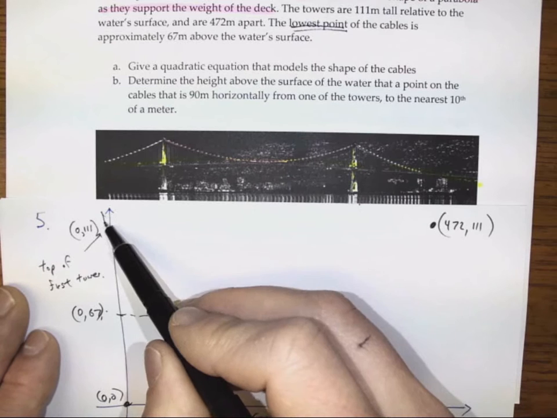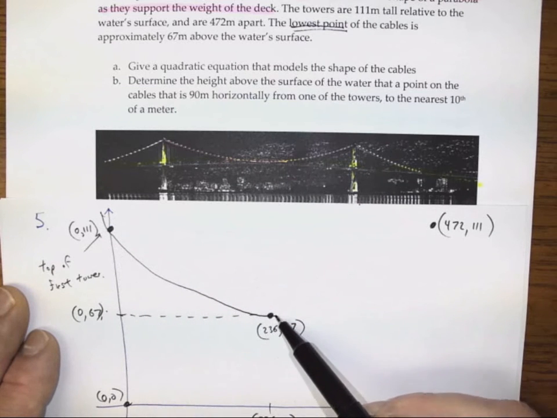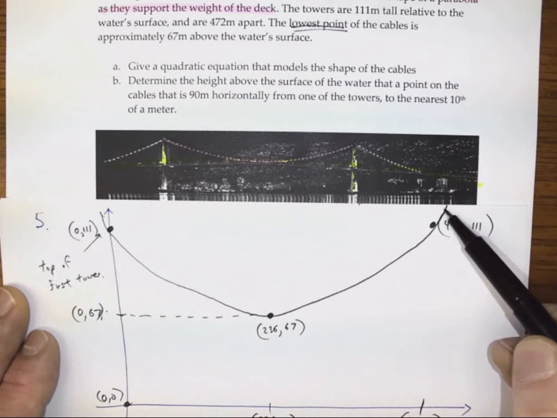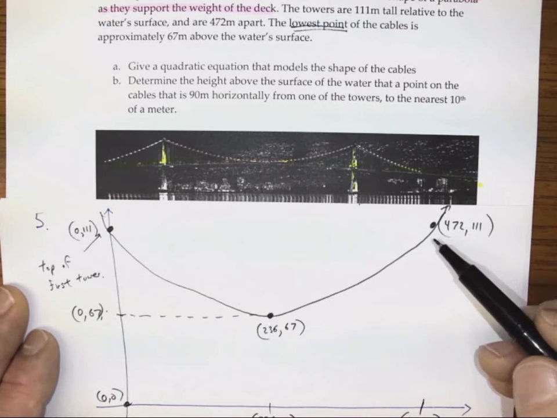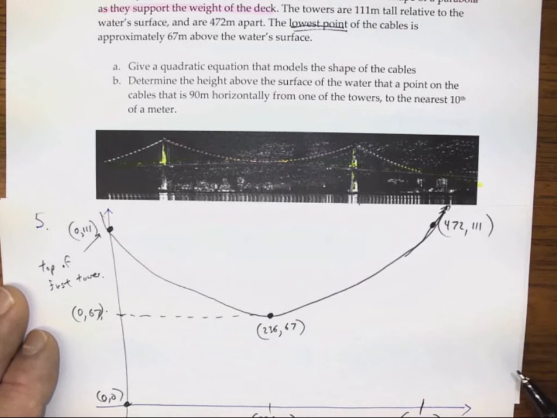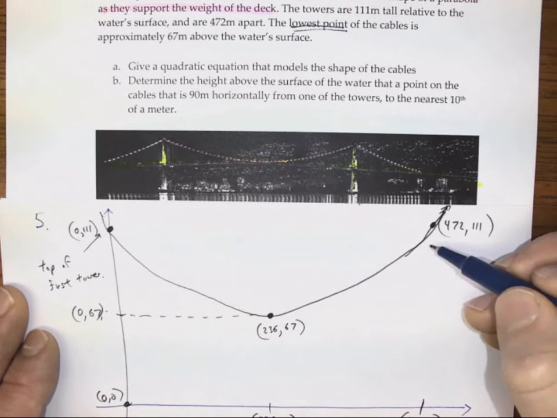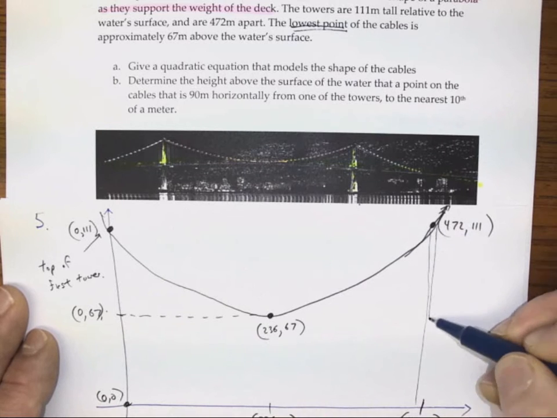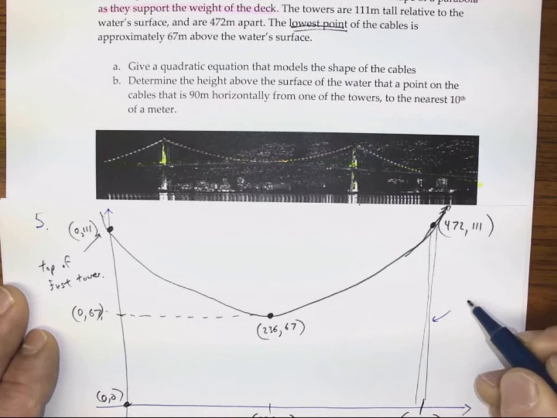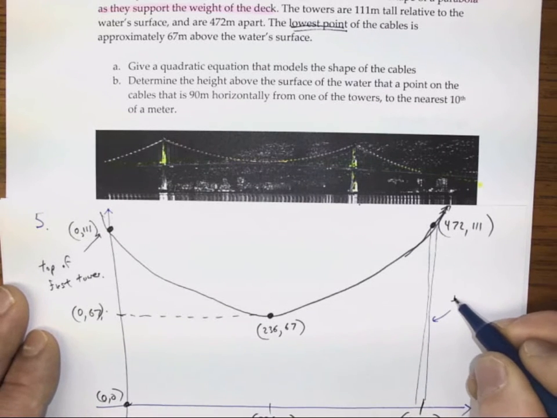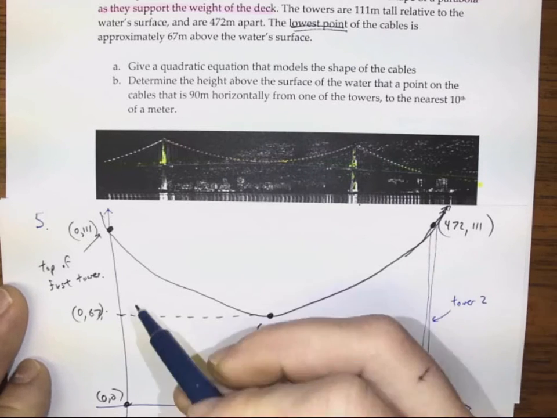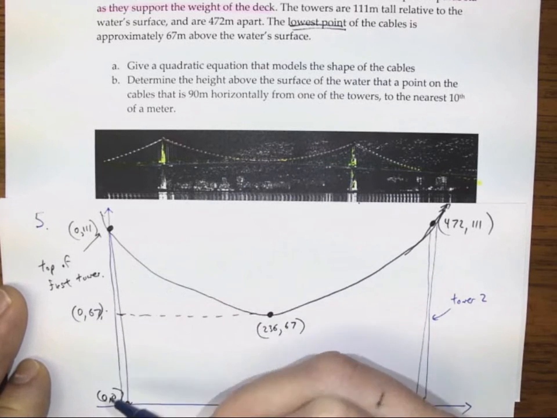And if we draw a little sketch of those supporting cables, we have a picture of our parabola now. Of course, it should go through that point. And if you want to embellish, you could show those towers, right? That's the second tower, tower 2. And you can draw this one in as well.